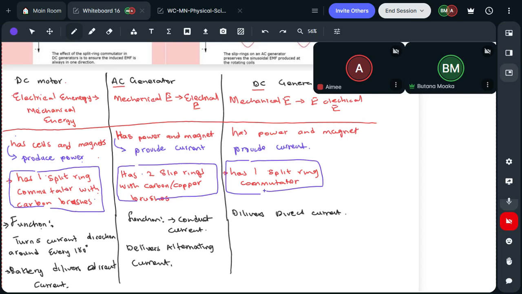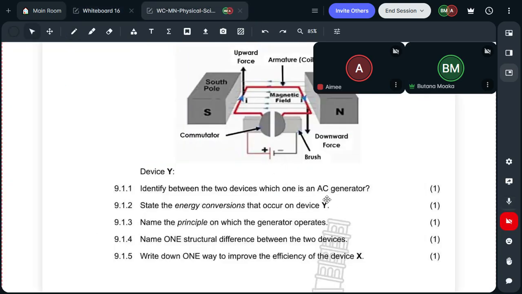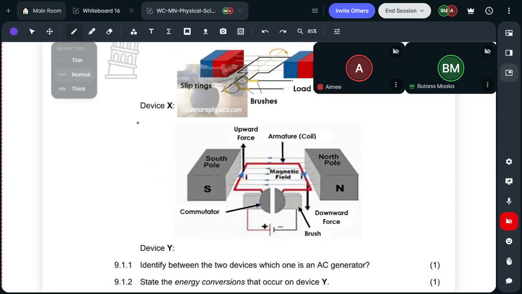If you look at this question, because of this gap, this commutator, this is the split ring. It's not slip, it's split, because it is in two parts.